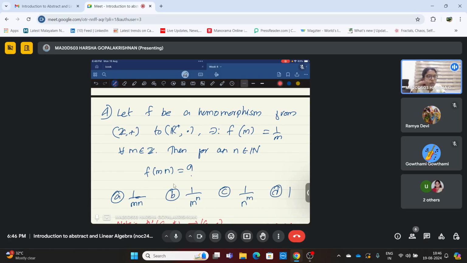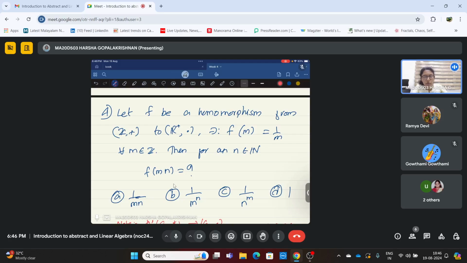So we need to use the property of homomorphism to solve the question. And f is a homomorphism from the integers with addition to the positive real numbers with multiplication, defined as f of m, where m is an integer, equal to 1 by m for all m in Z.